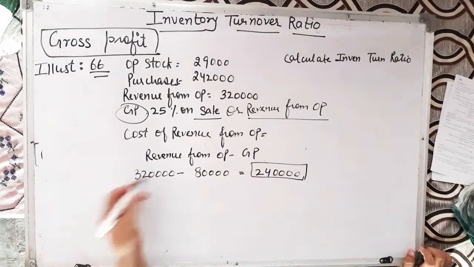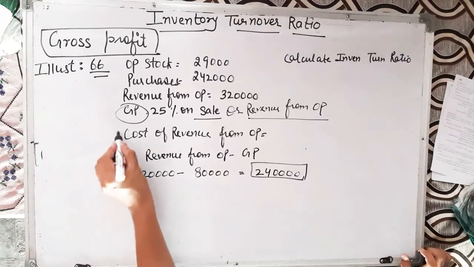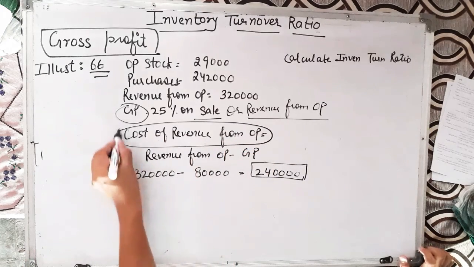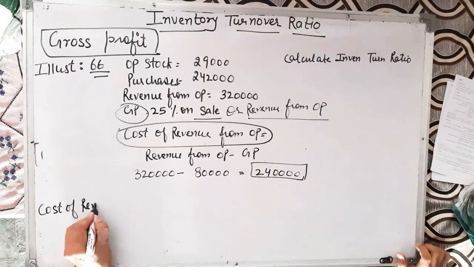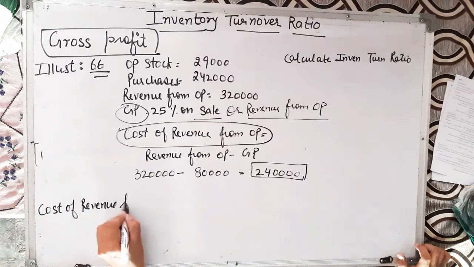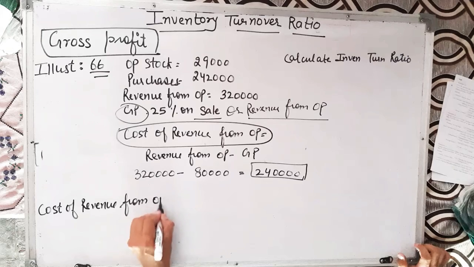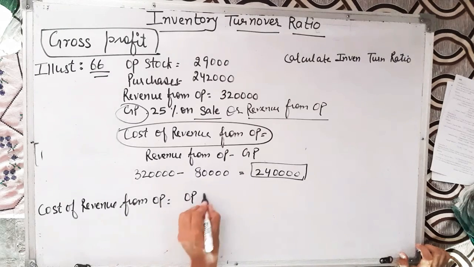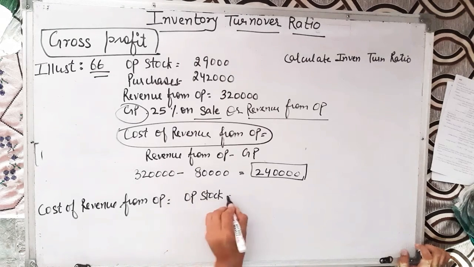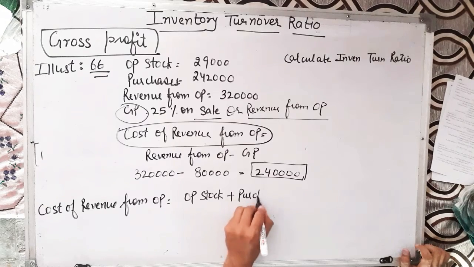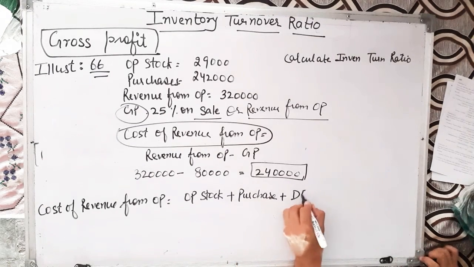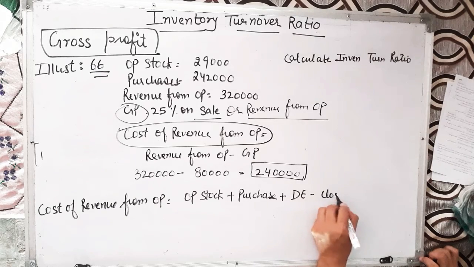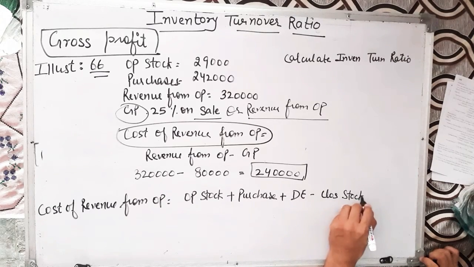Now we need another thing, that is the closing stock. So we will calculate the closing stock with the help of the cost of revenue from operation formula. Cost of revenue from operation is equal to opening stock plus purchase plus direct expense minus closing stock.